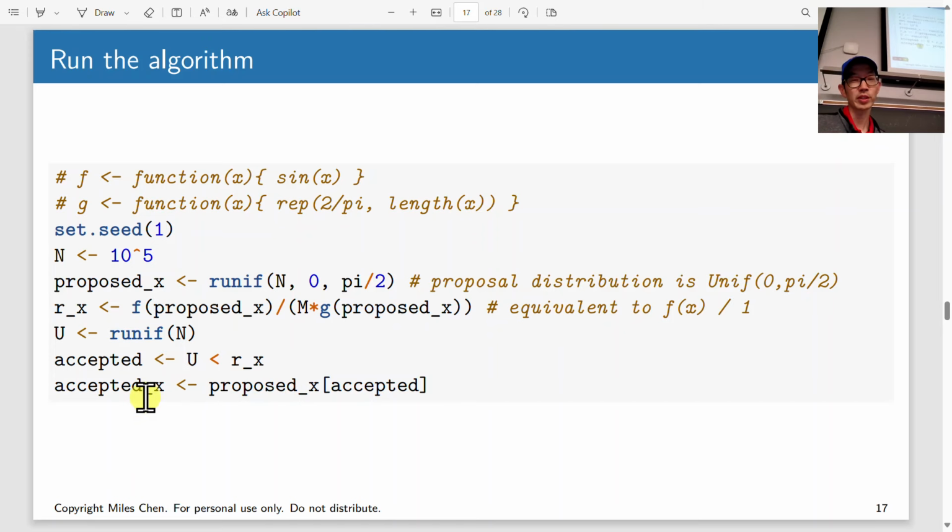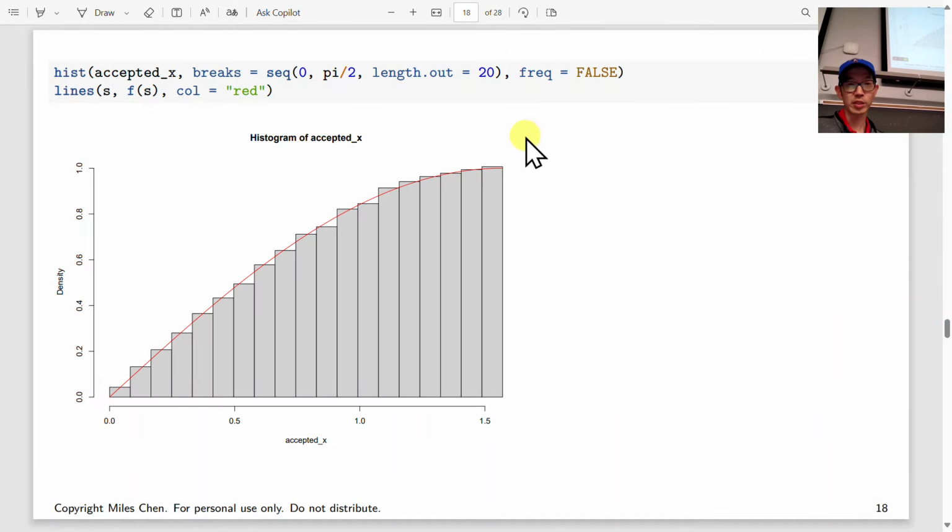So our accepted vector x is shorter than our proposed vector, but indeed this is what we end up keeping, and this looks like what we want. We generated values from 0 to pi over 2 uniformly, but then a lot of these values, especially the values around 0, just got thrown away.